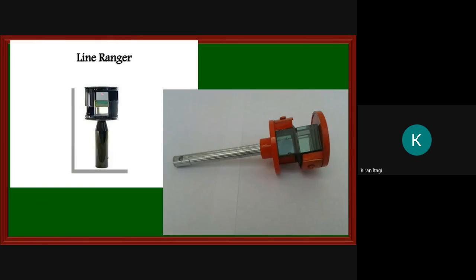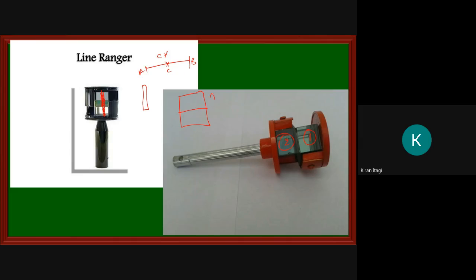end ranger. Here your staff will coincide, both the staffs. In the upper mirror and in the lower mirror, we will see they will be aligned in the same way. If this is station A and this is station B, you want to establish station point C. When you are at this point, in the line ranger, this is mirror 1 and this is mirror 2.